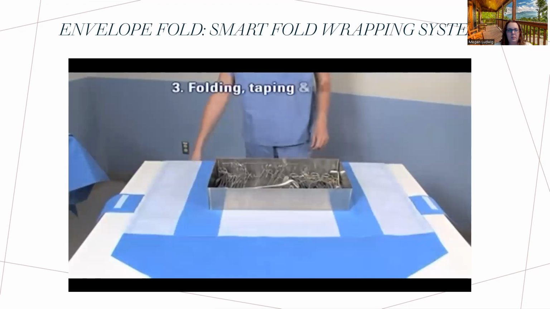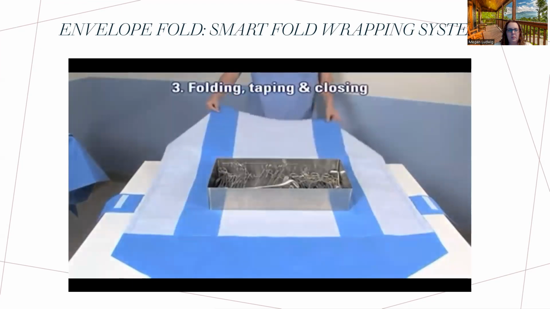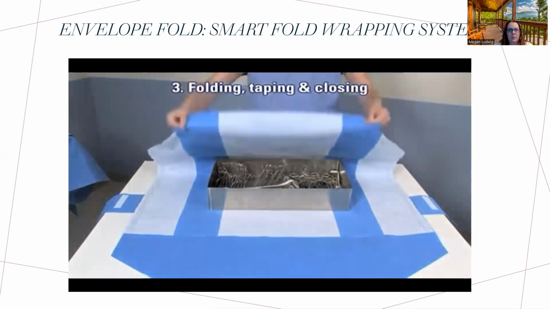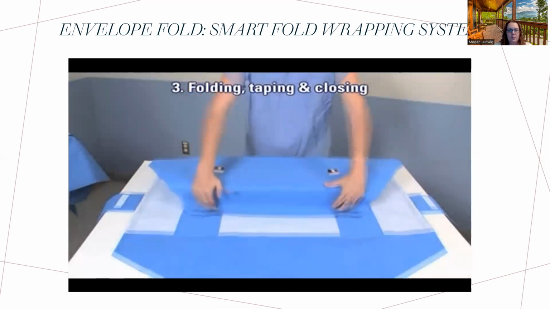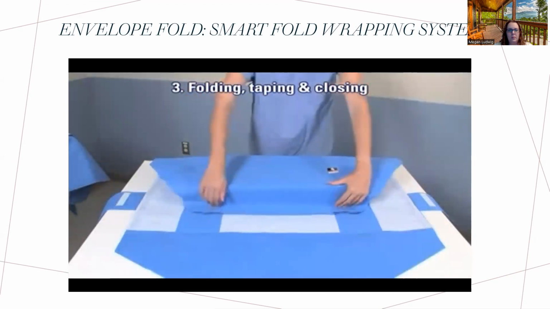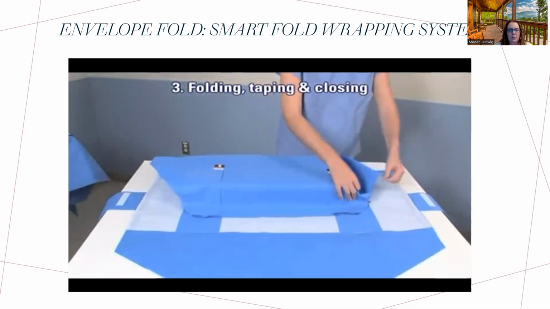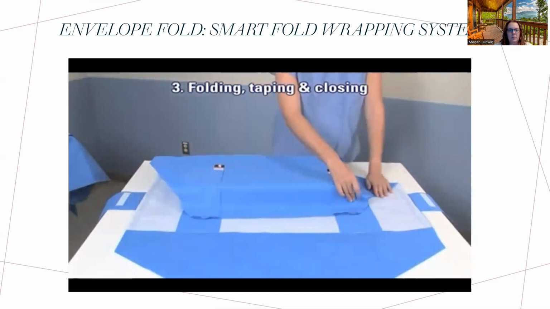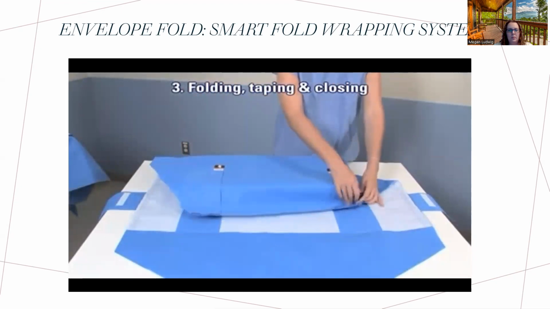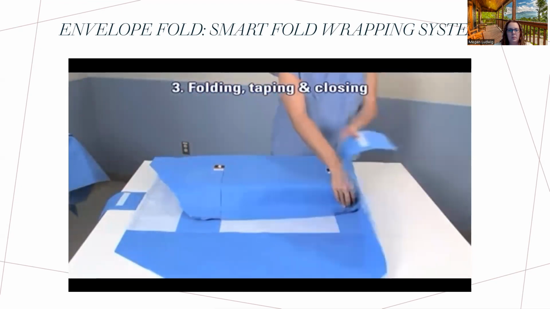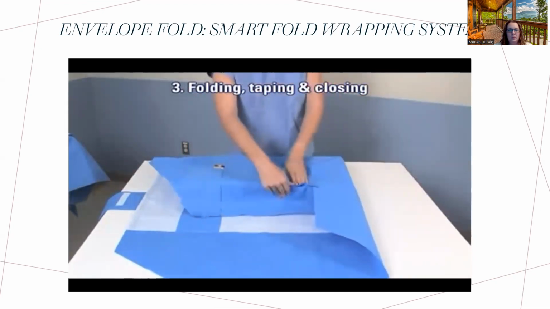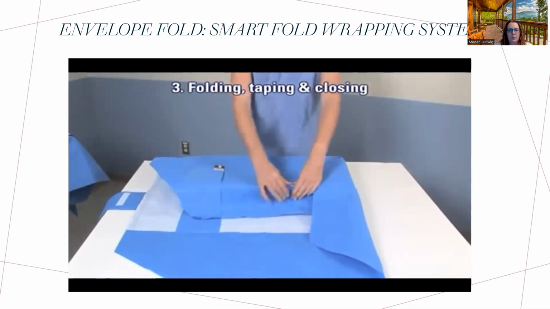Begin folding as you normally would, bringing the wrap up and over the tray so that the front side of the tray is covered all the way to the work surface. Hold the corner lightly and tuck and fold the side in as usual. Now pull the side tab up and over the top of the tray and secure it with the positioning strip.